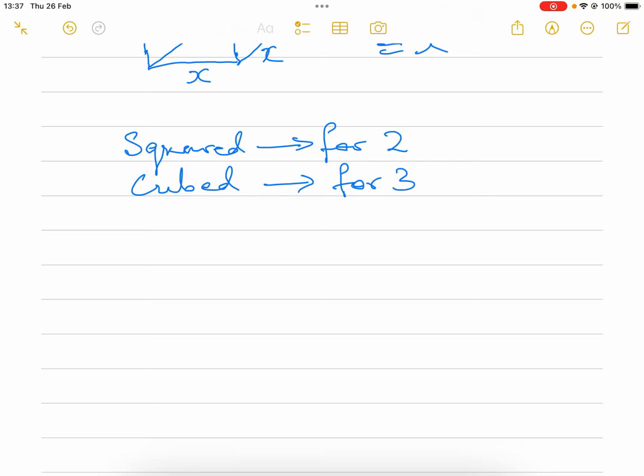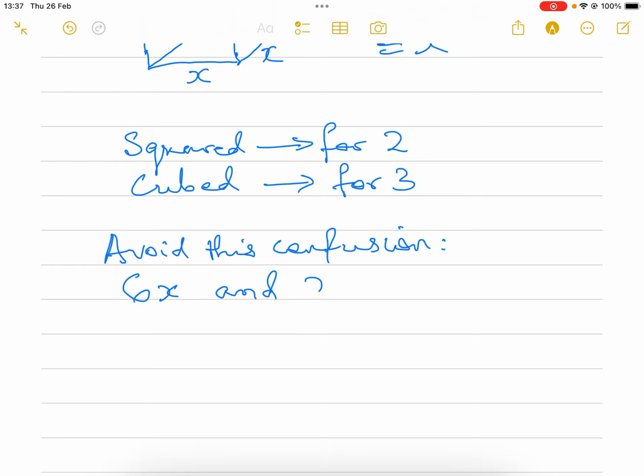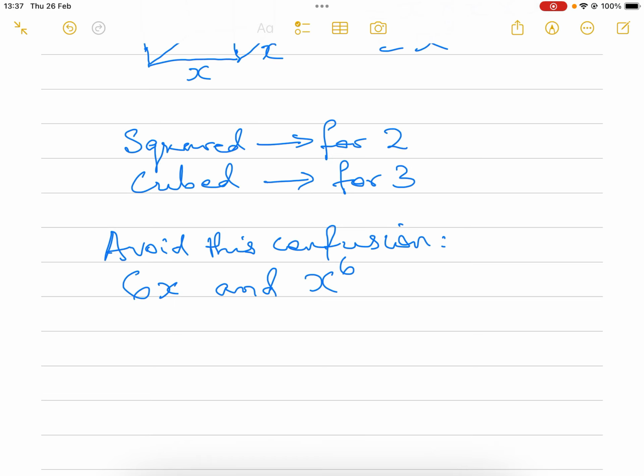There is a confusion we must avoid. Let us clear this confusion. Six x and x raised to power 6.